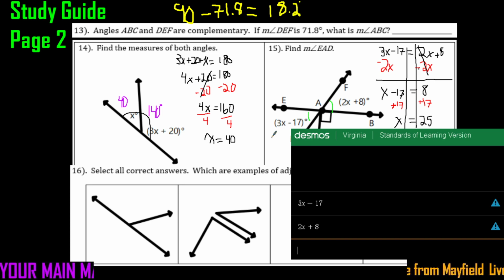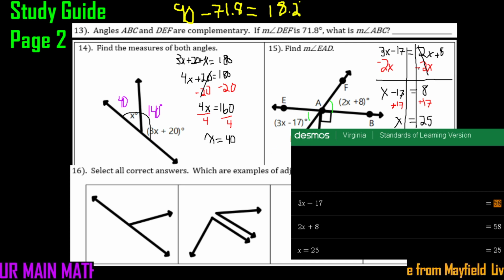I said that my x value is equal to 25, so that means that these two values have to be the same, so angle EAD is going to be equal to 58 degrees. So for this one, they're both going to be 58 degrees. Again, you can plug that in for yourself and check, but you should get the same value.